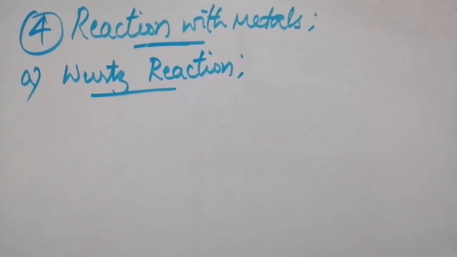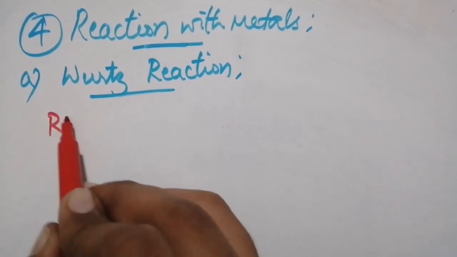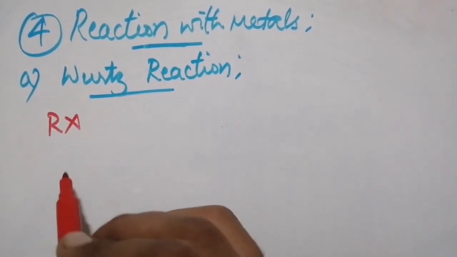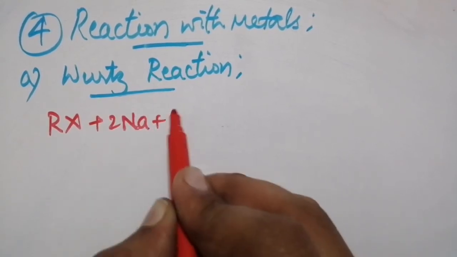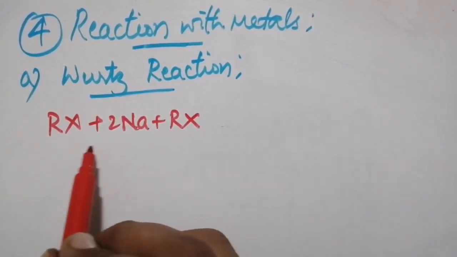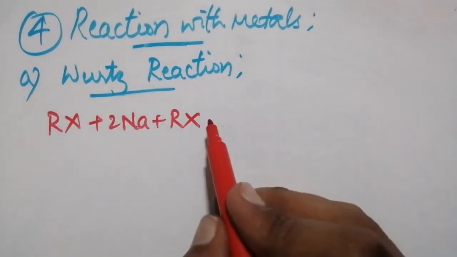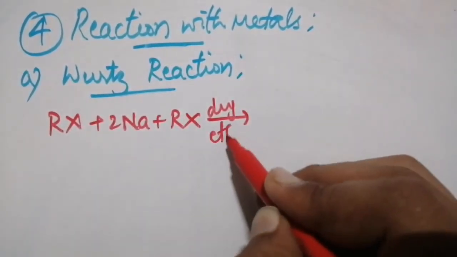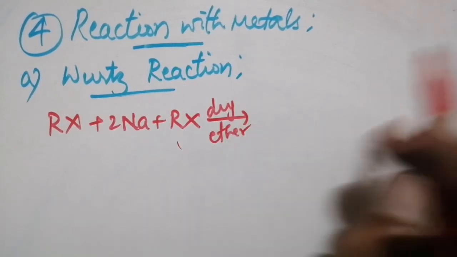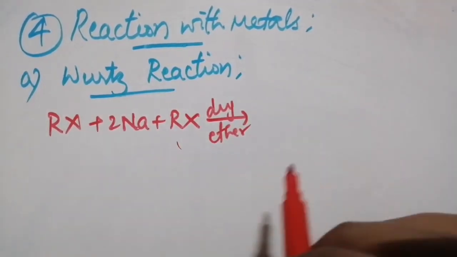So this is Wurtz reaction, a simple reaction where 2RX, that is RX, the haloalkane, plus 2Na plus RX. I am writing it in a way that is easier for us. In presence of dry ether medium, if it is not there, 100% they are going to cut marks.